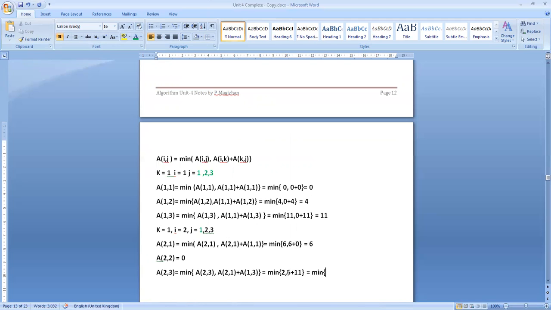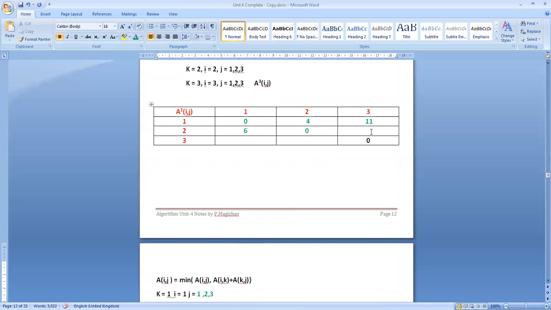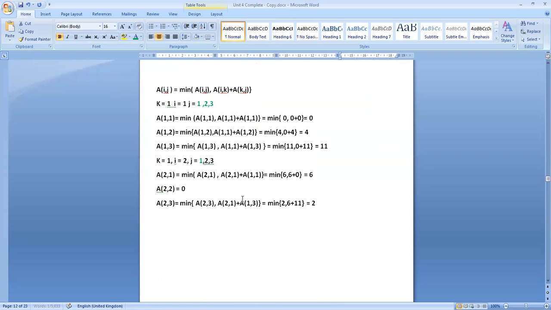So it will be minimum of 2 comma 6 comma 17. Which is minimum? 2 is minimum. So a of 2 comma 3 is equal to 2. This also has been found out.